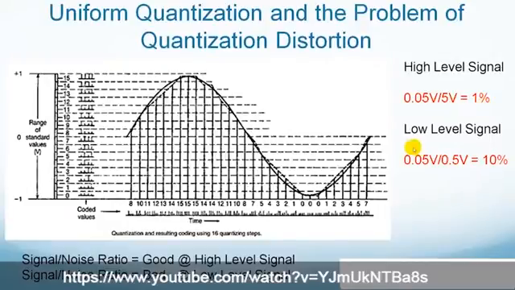But if the same quantization error happens at a low-level signal, such as 0.5 volt, the noise ratio is 0.05 volt divided by 0.5 volt, which is 10%. Simply put, for uniform quantization, the signal-to-noise ratio is good at high-level signals but bad at low-level signals. That is why non-uniform quantization was introduced.